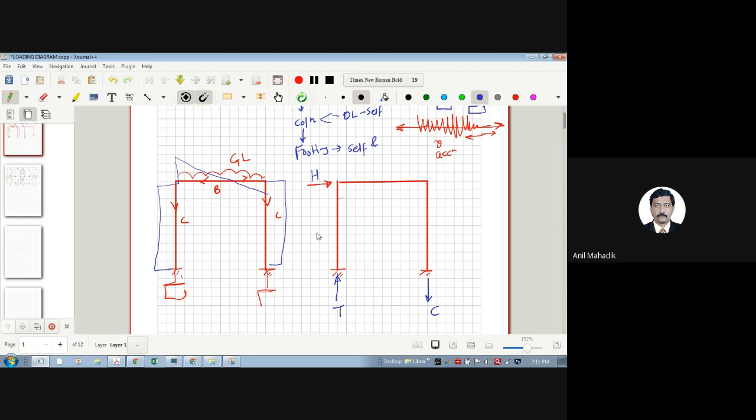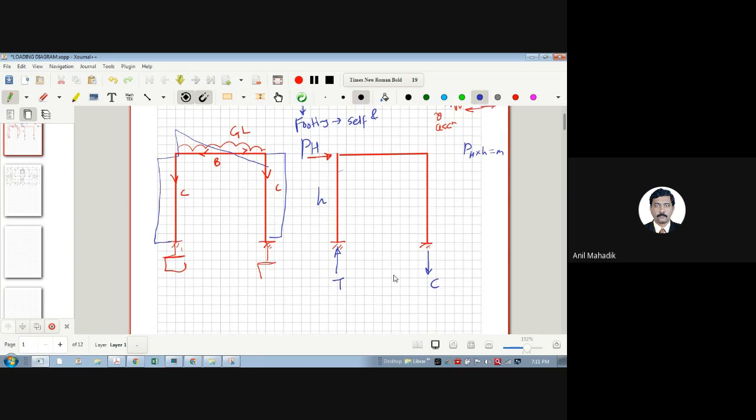There is a moment: this horizontal load PH, let's say, into height H will be the moment. PH into H will be the moment. And to resist that, there has to be a resisting moment. So this moment is causing a clockwise moment like this.